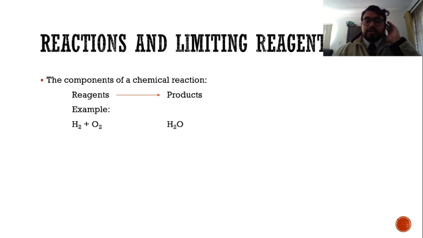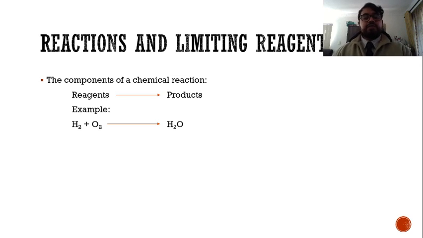So let's look at an example. We have H2 plus O2 equals H2O. Now, hydrogen and oxygen are our reagents, and water is our product. But this chemical equation isn't complete. We have to balance it.